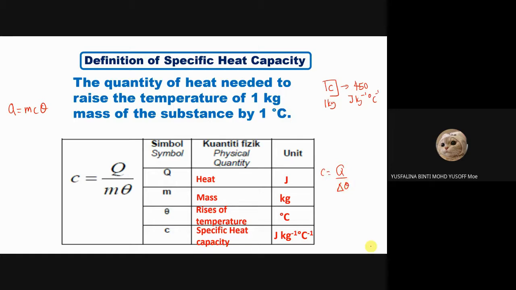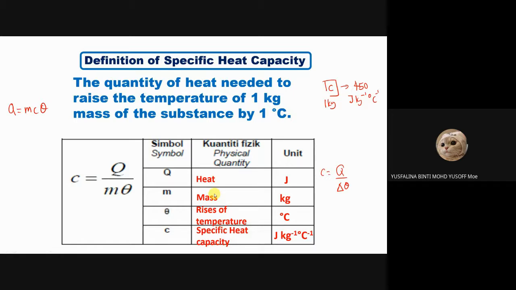For heat capacity, they don't have mass here. For the specific heat capacity, they have a mass here. So remember, theta is the rise of temperature. So you have to minus the final temperature with the initial temperature. So this is the formula.